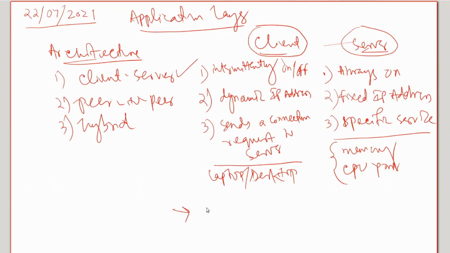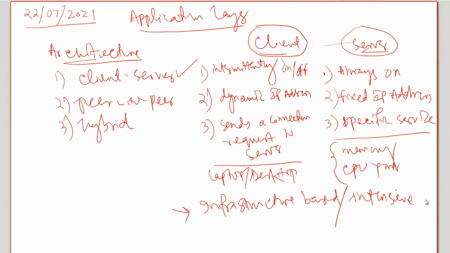So this client server architecture is basically called infrastructure based or infrastructure intensive. That means beforehand, infrastructure needs to be developed in the form of a server. A server needs to be installed somewhere. Maybe multiple servers, powerful machines, need to be installed.